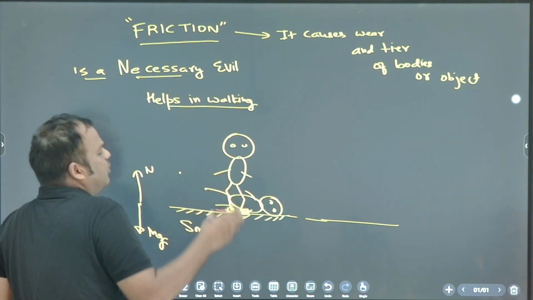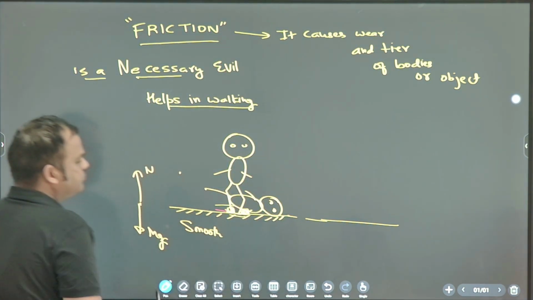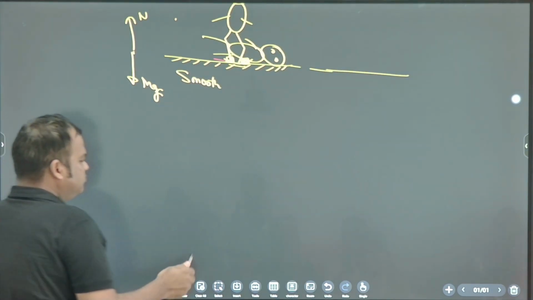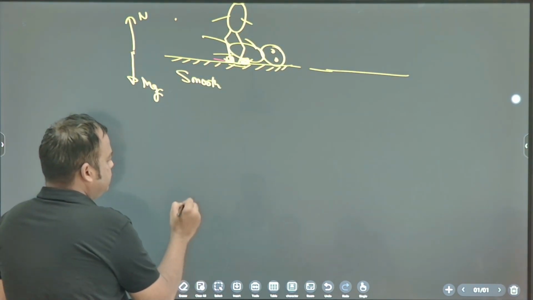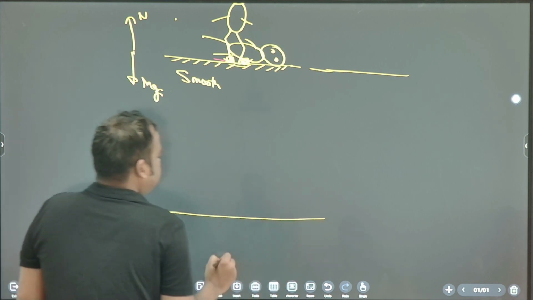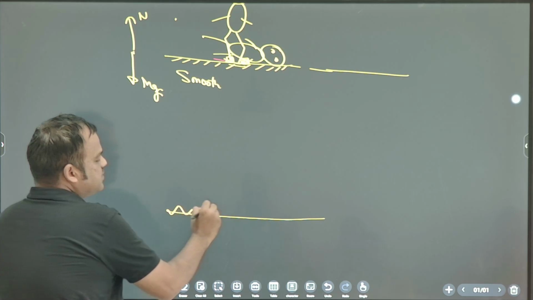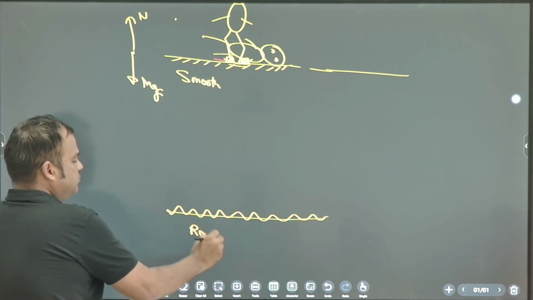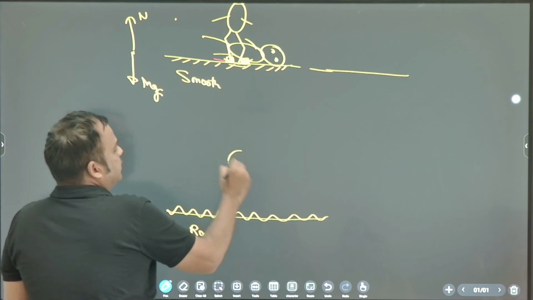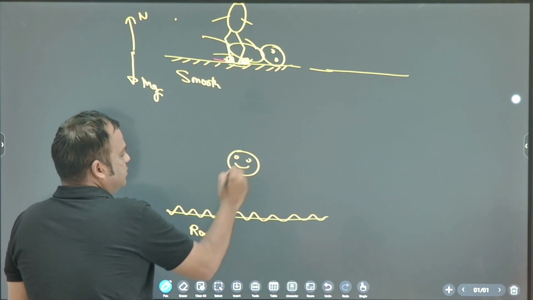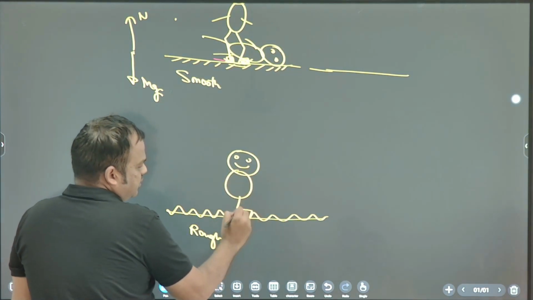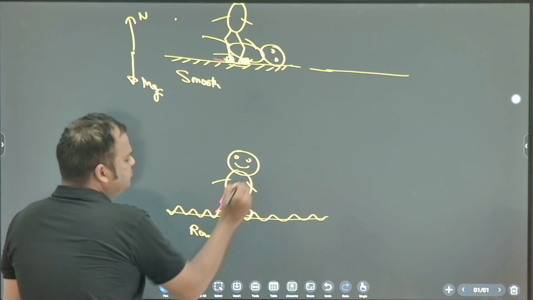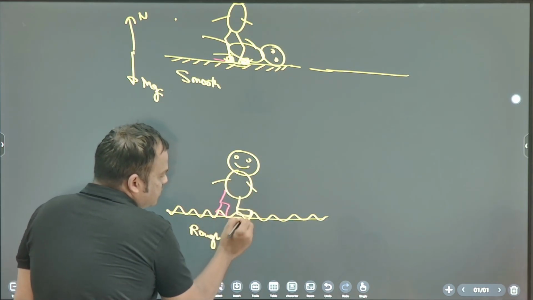So for walking, what is needed? Friction is needed. So how? See how the surface is imperfect. Rough surface is like this. This is the rough surface, and the person is also standing. This is the person, now the shoes, the legs of the person.